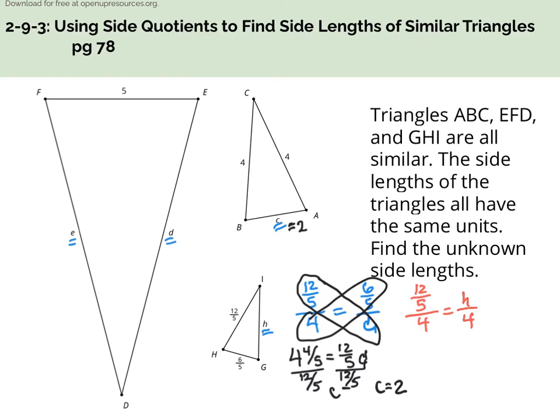over 4. Again, we're going to go ahead and cross multiply and divide. So 4 times h is 4h. 12 over 5 times 4 is 9 3/5, divided by 4.